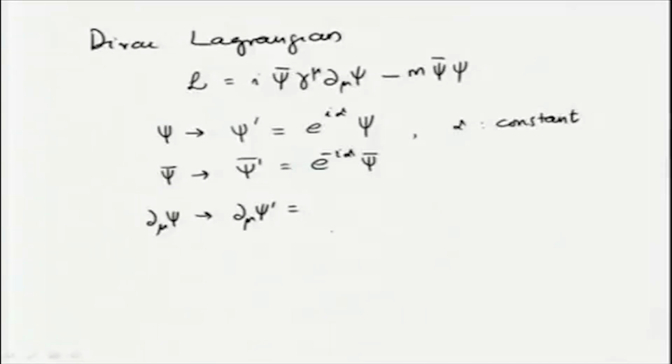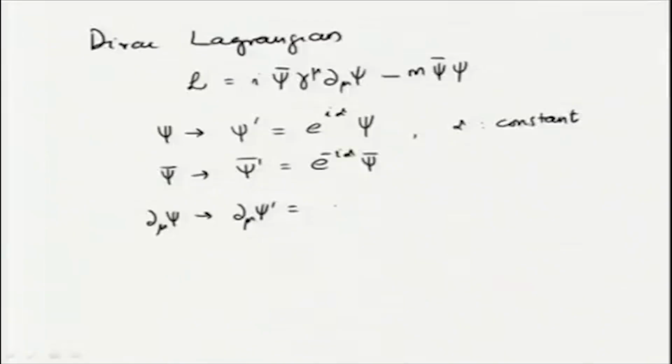We are not transforming the space time coordinates at all. We are in the same space time coordinate. We could even be in the same reference frame and changing only the form of the field psi.